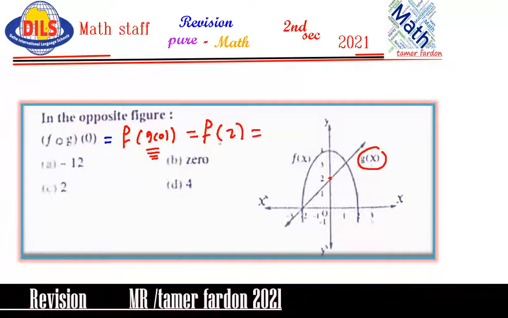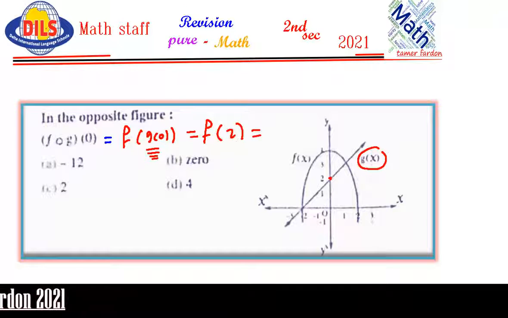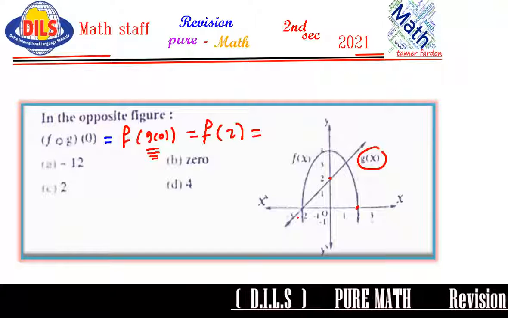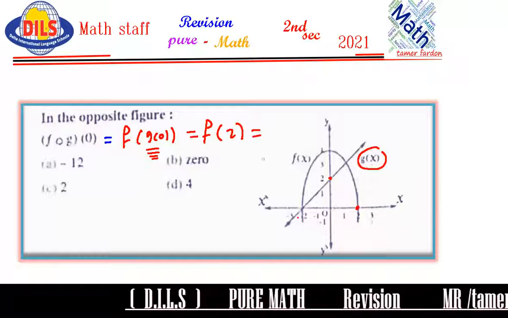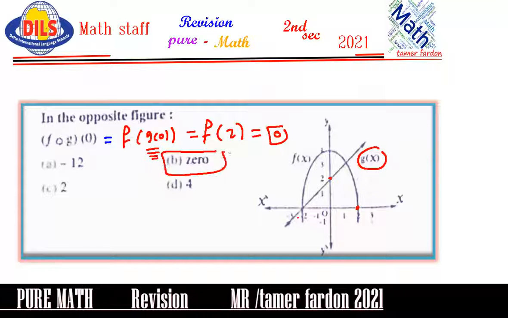We can find f of 2 from the graph of f, which is a quadratic function. At x equal 2, f of 2 equals 0, so the answer is 0.